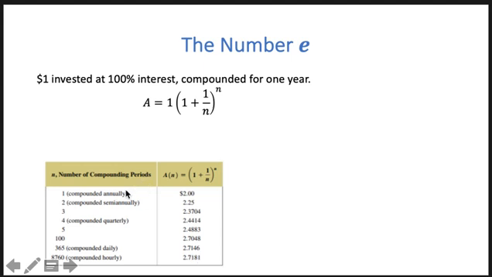Now, what I want to show you are the compounding periods. I want to show you this number is getting bigger, but you would expect this to get really, really big. If I told you this money was getting compounded per second, you would think, oh my God, I'm going to have a ton of money after a day. But you really aren't. The growth is starting to slow down.